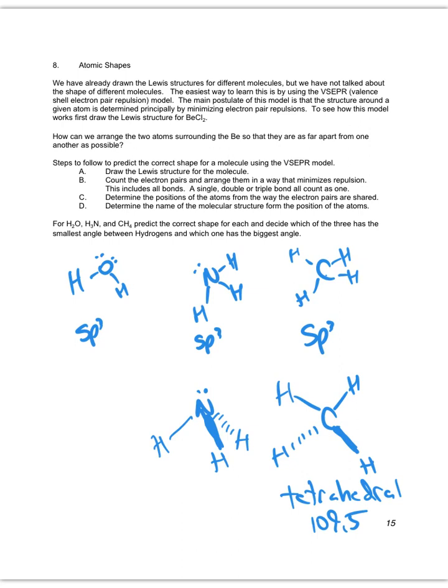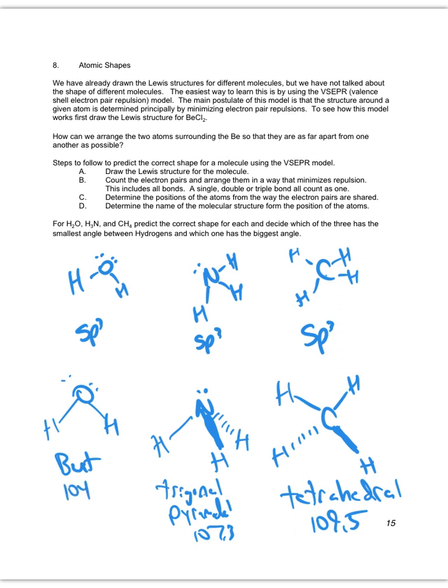So for the oxygen, it's going to have 2 and 2 lone pairs. The nitrogen is trigonal pyramidal, with a bond angle slightly less than the tetrahedral, and then the water is bent with a bond angle even less still of about 104.5.